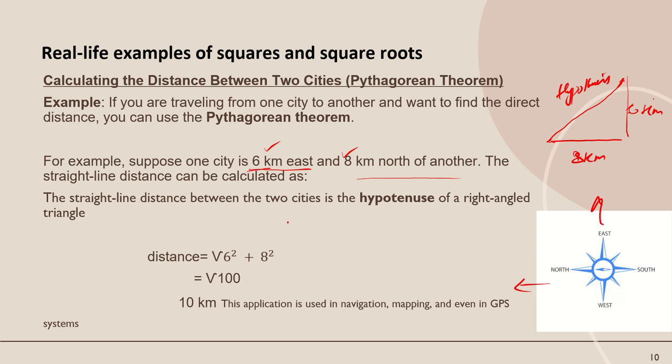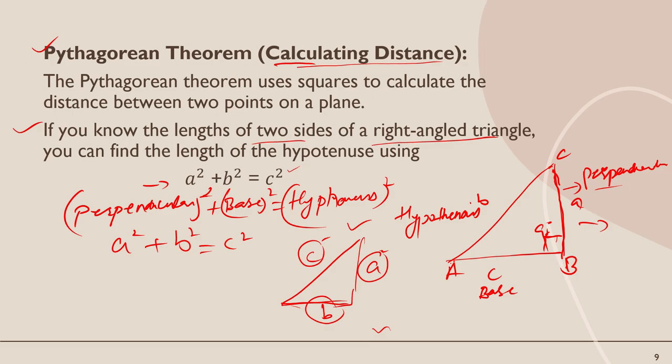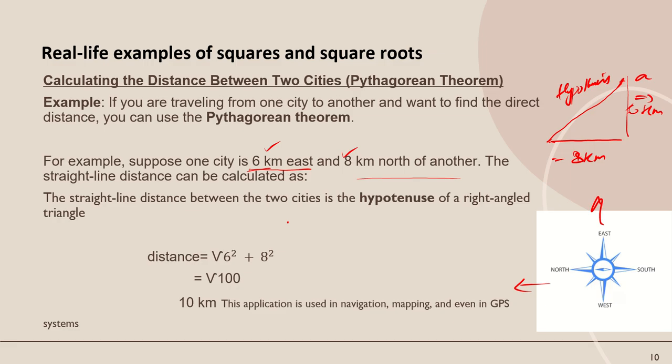Let's suppose that perpendicular is represented by A, base is B and hypotenuse is C. Square of this side, which is 6 square, and square of this side, which is 8 square. 6 times 6 is 36, and 8 times 8 is 64.